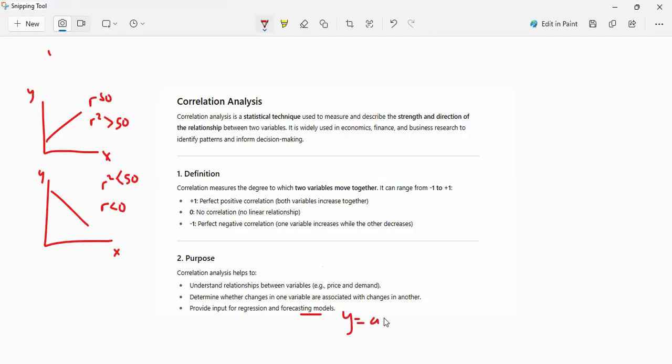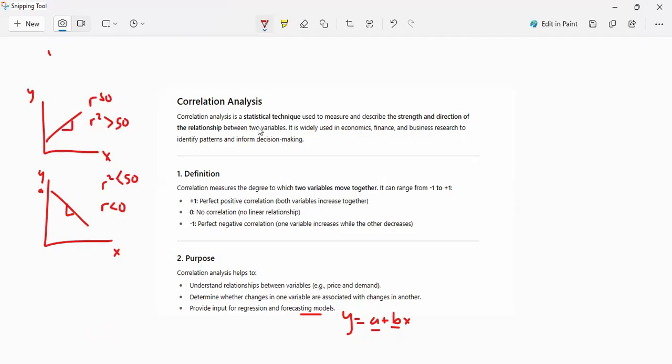A plus BX. Okay? So A is the cutting point on Y. B is the slope of the equation.